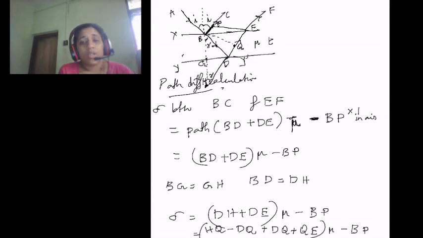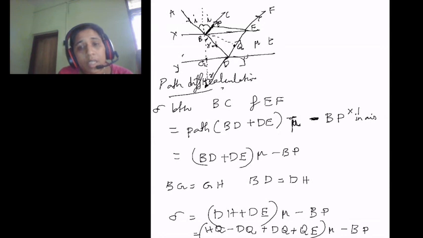So we have to calculate the values of BD and DE, and then we have to calculate the value of BP. For this we have to extend that line, the DE line, towards a point called point H, where the line BG, the extension of that normal from the lower surface, meets that point H. Therefore we can see that the triangles BGD and GHD are congruent triangles, or their sides are equal and their angles are equal.